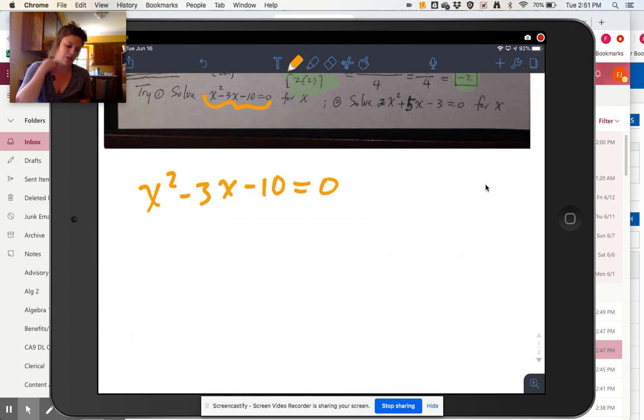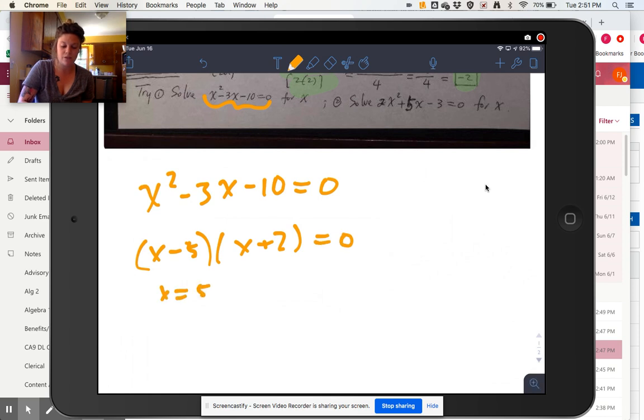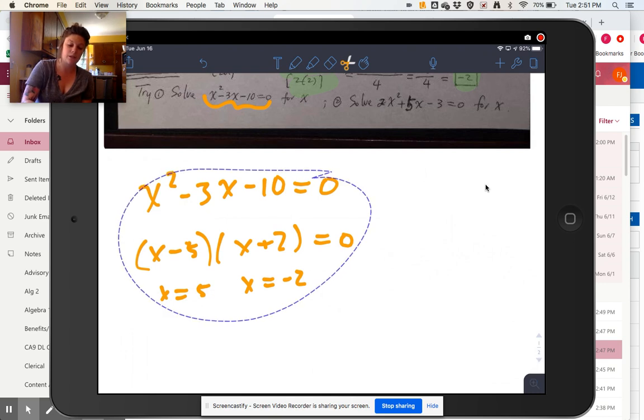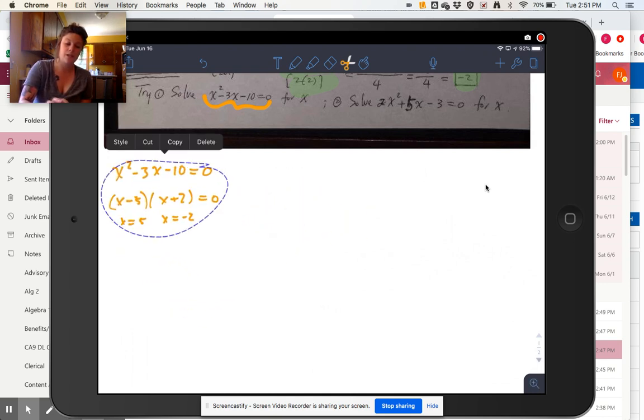I could just say this is the same as x minus 5, x plus 2, and then my x value would be 5, and my x value would be -2. So why would I use the quadratic formula if I didn't have to? But sometimes you just got to do it the way somebody else wants you to look at it. So there's that. Let's look at it his way.